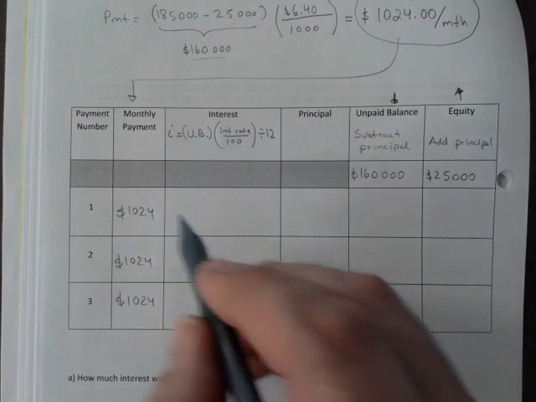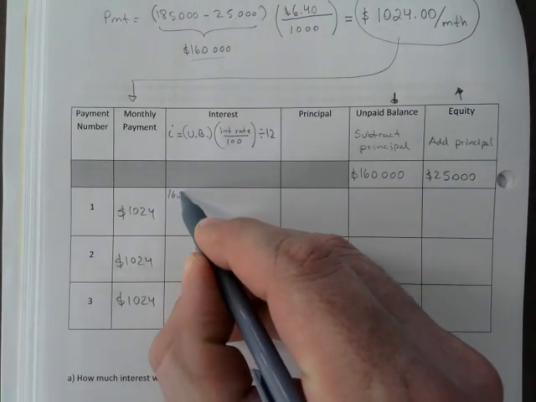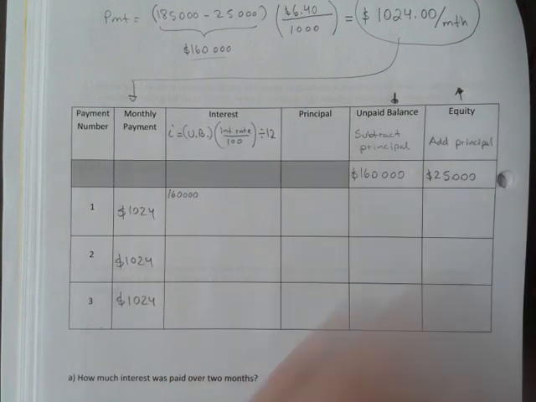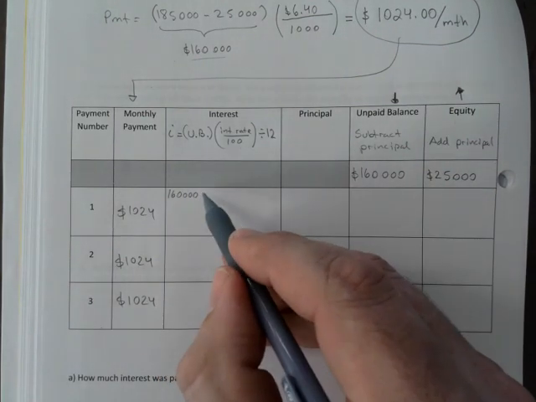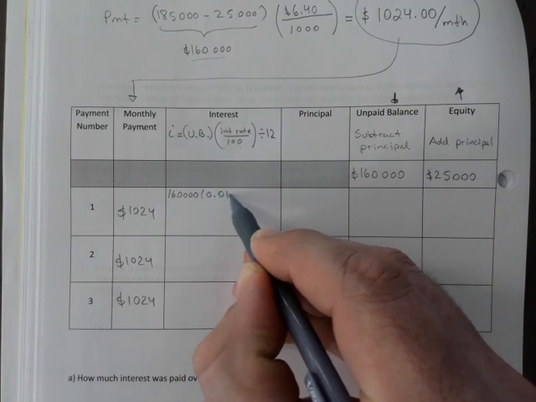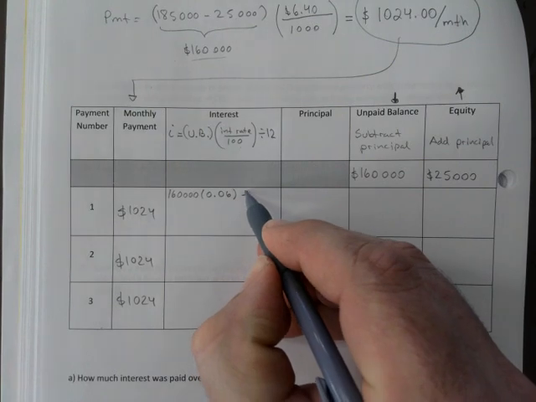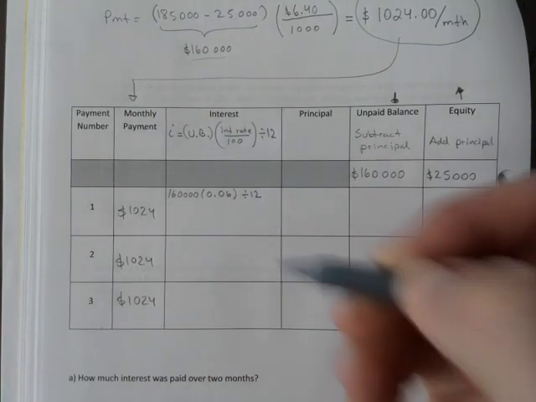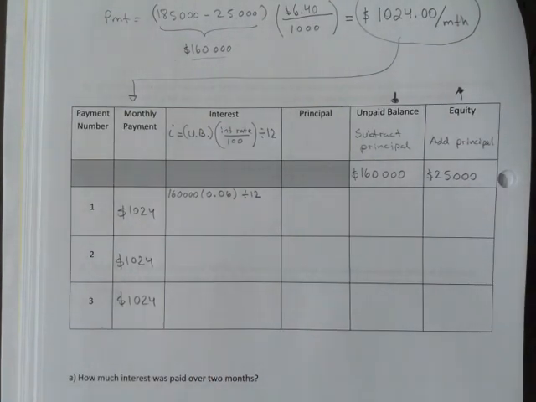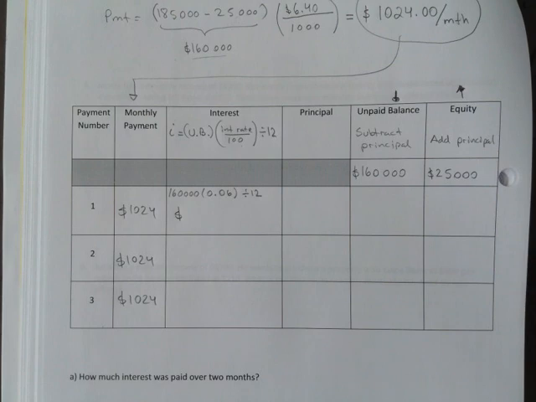So here we go. That's why I left you lots of room here. 160,000 times 0.06. So I go ahead and divide my interest rate by 100 already. Then I divide it by 12. So we're computing that. You don't need to have that on the test.